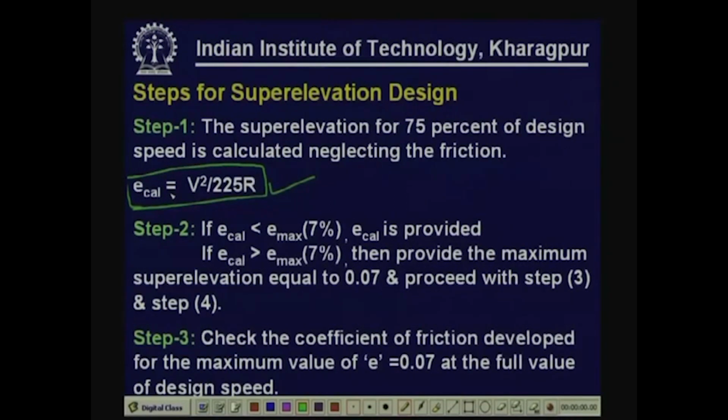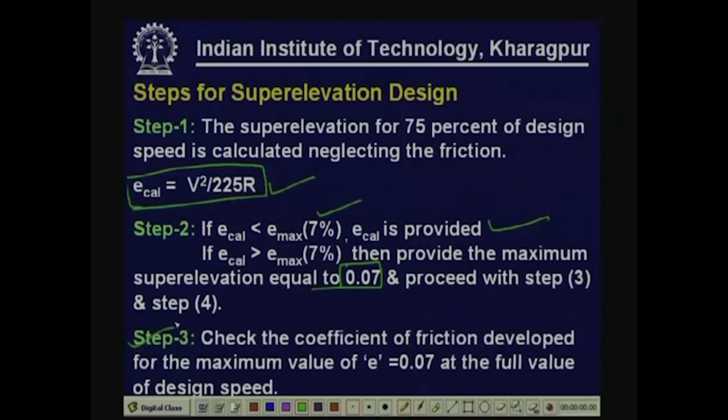If the calculated E is less than the permissible value, say which is 7% for plain and rolling terrain, then whatever E we have calculated, we provide that value. If not, then we provide only the maximum allowable value, which for plain and rolling terrain, let us say, is 7%, but then we proceed with step 3 and step 4.